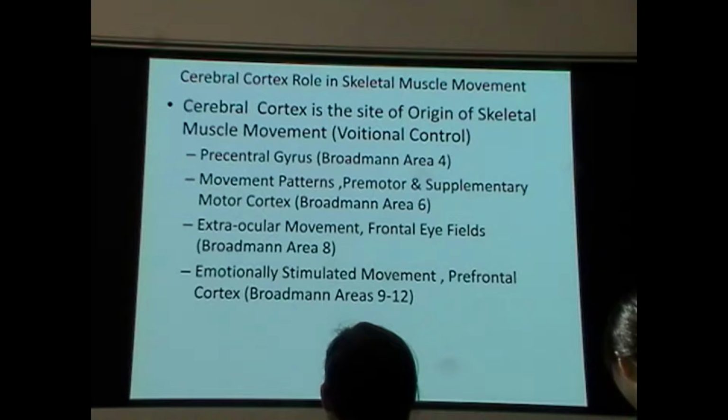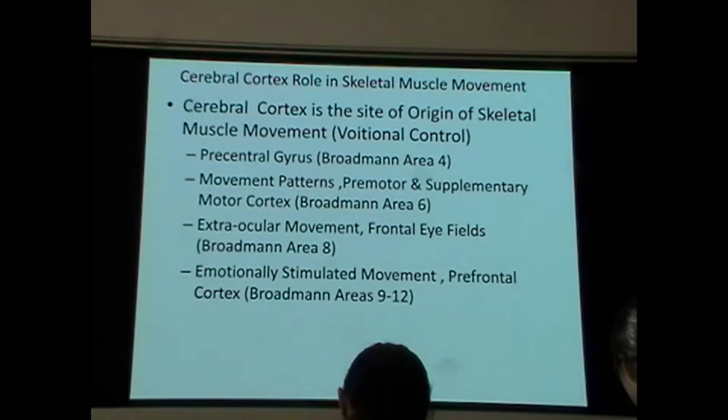Not all of us have the same set of movement patterns. Some of us have much more sophisticated ones if we had certain forms of athletics or gymnastics or things like that.